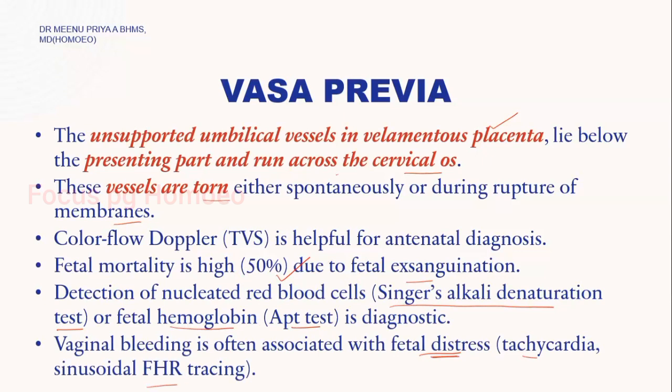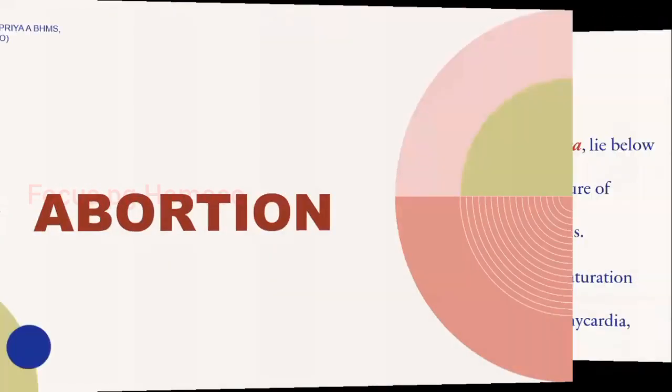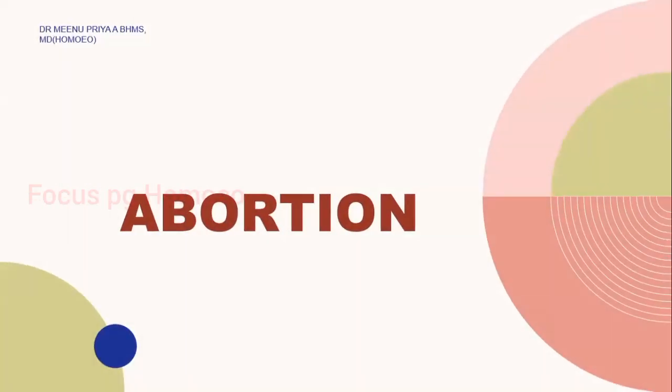One question that is asked is, which of the following conditions is more common: vasa previa, placenta previa, abruptio placenta? Usually the most common is abruptio placenta, because vasa previa is a rare condition, a complication of placenta previa.